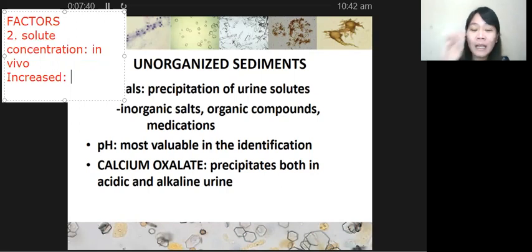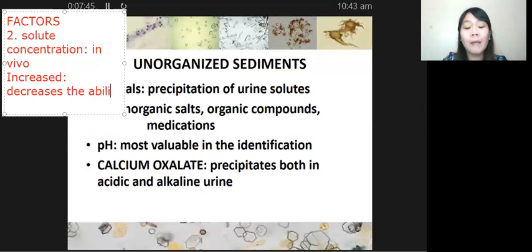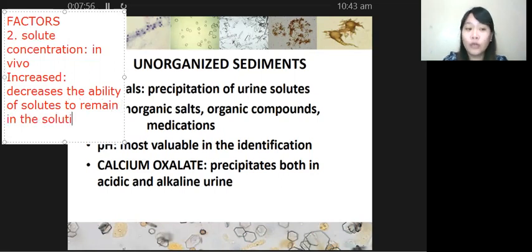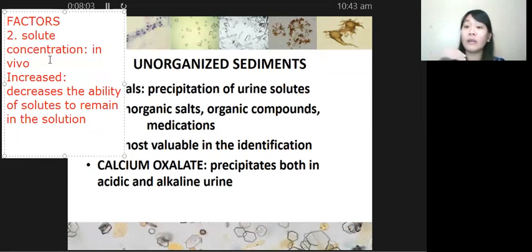Because again, increased solute concentration decreases the ability of solutes to remain in the solution. So if it decreases the ability of your solutes to remain in the solution, ibig sabihin magkakaroon ng crystal formation.